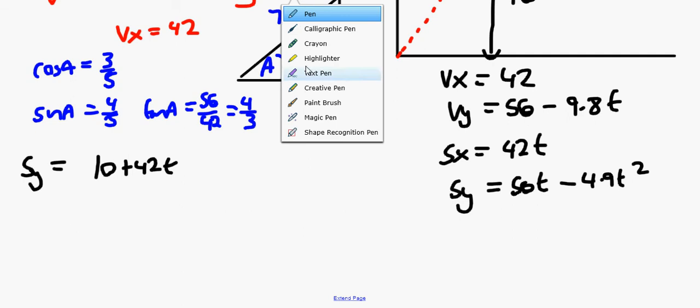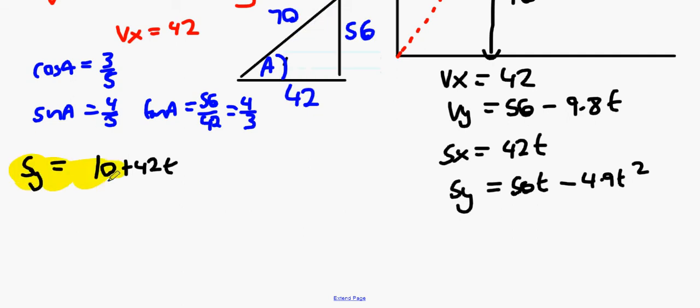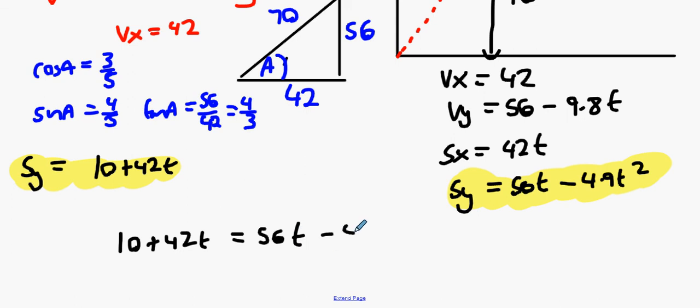And what happens to the two Sy equations? This one here and this one here. They equal each other. So it's no big deal. So 10 plus 42t equals 56t minus 4.9t squared.